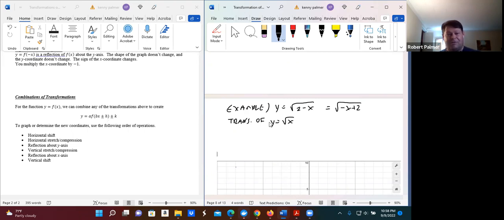And then the minus in front of the x, that will be a reflection across the y-axis. One thing I mentioned, these a or b, if they're negative, those are reflections. If we do those in order, you have the horizontal shift before you do the reflection.